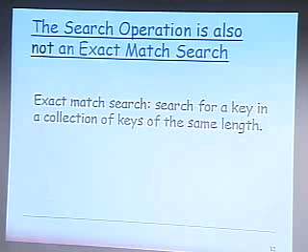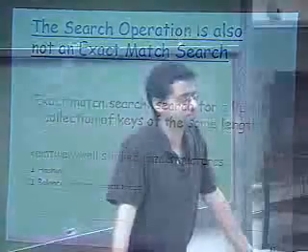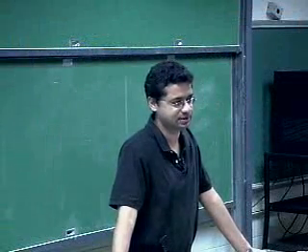The search operation is also not an exact match search. An exact match search is you search for a key in a collection of keys of the same length. So why is the search operation not an exact match search? I'm sorry? Yeah, you want a longest match search.